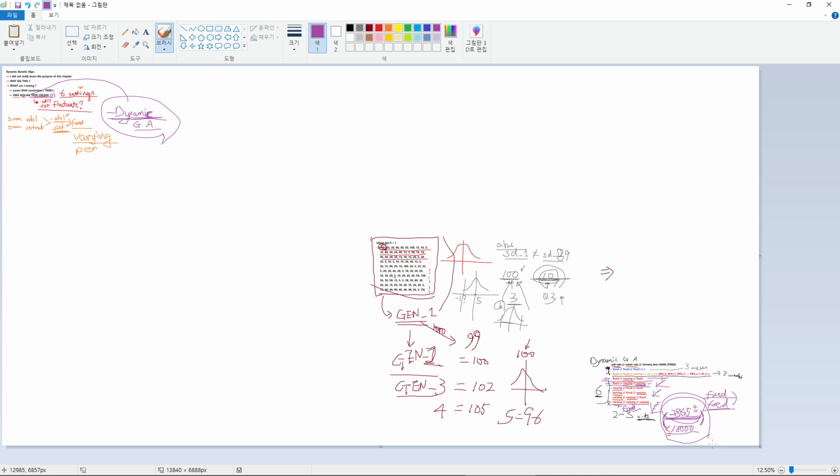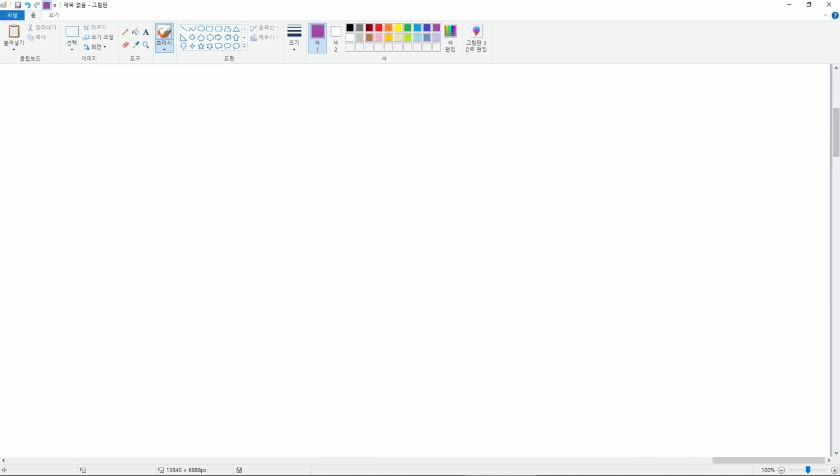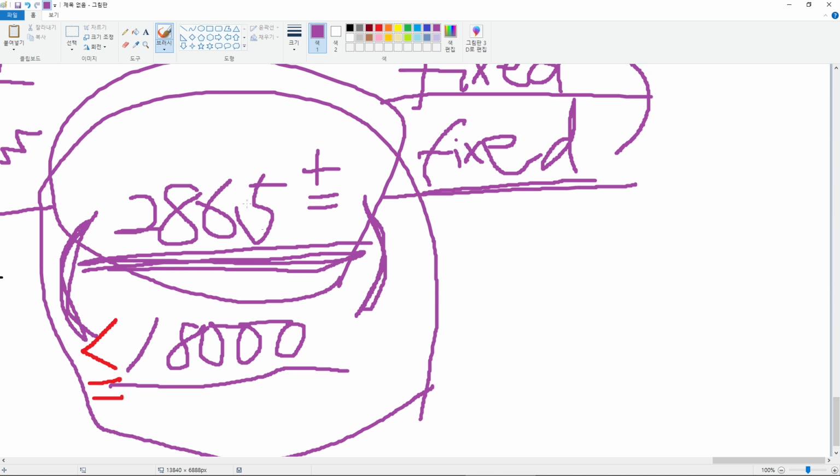Where did I put it? Oh yeah, following this condition right here. Following these two conditions: equal to or above 2865 and some utility value equal to or less than 18,000.